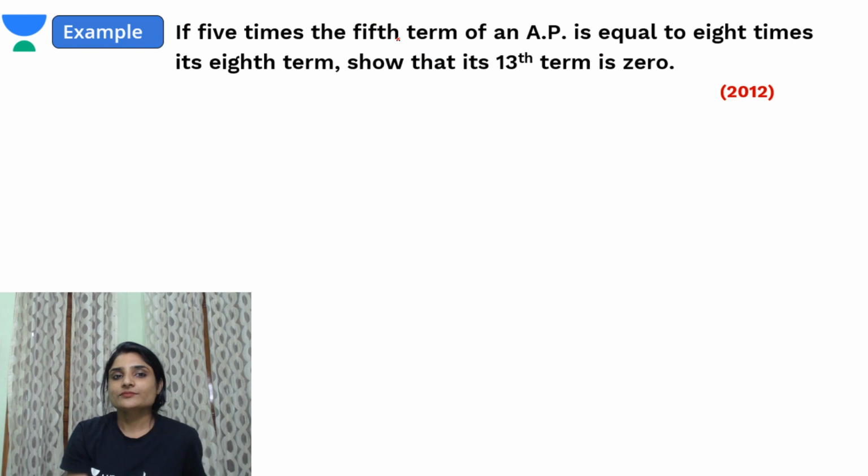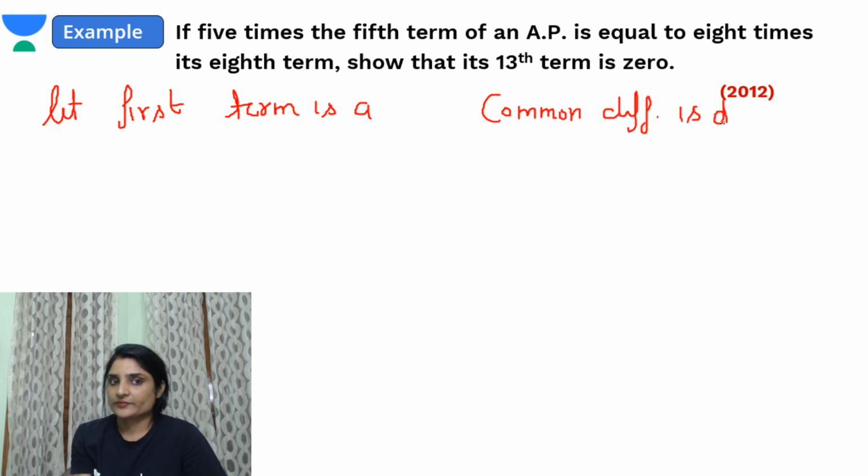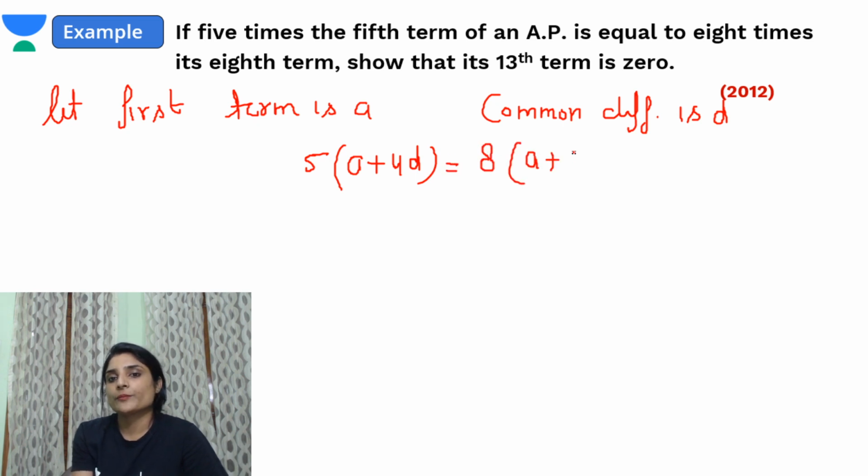Next question. If 5 times the 5th term of an AP is equal to 8 times the 8th term. So let the first term be a and the common difference be d. 5 times the 5th term: the 5th term will be a plus 4d. 5 times the 5th term is equal to 8 times the 8th term, because Tn is equal to a plus (n minus 1)d.